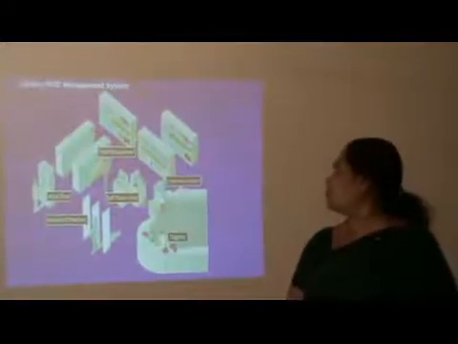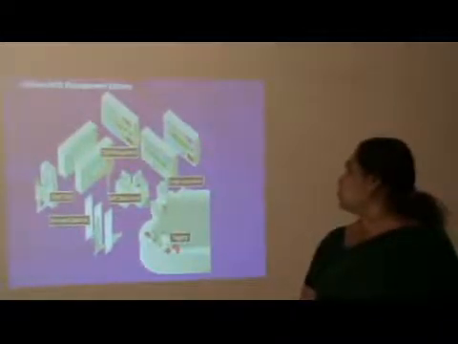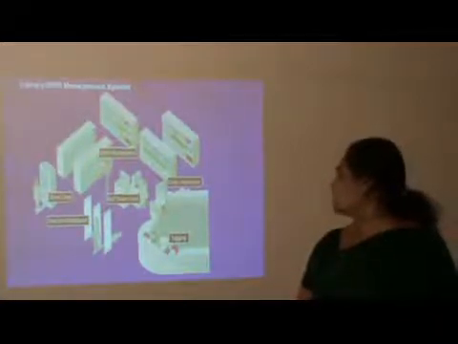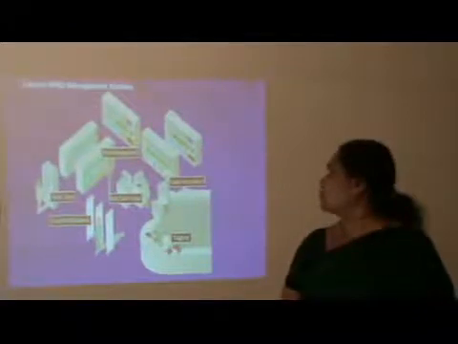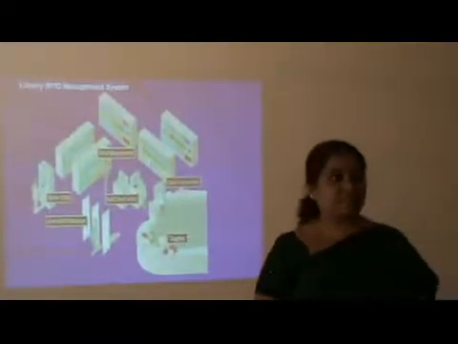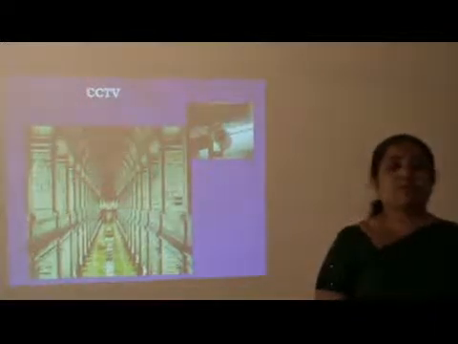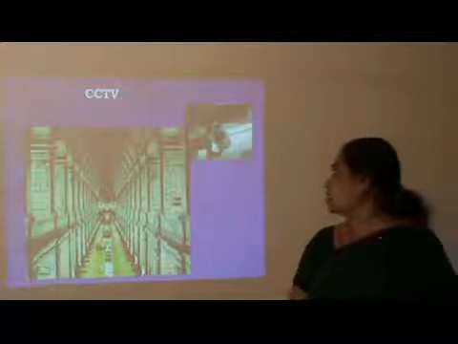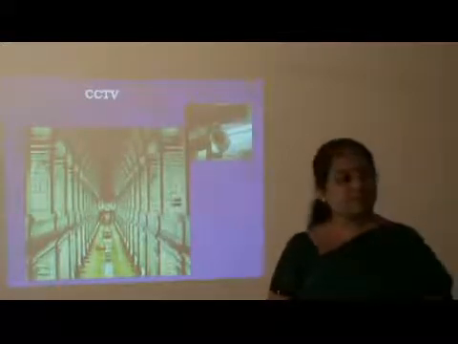Here you can see each and every section of the library is controlled through these RFID systems, that is radio frequency identification, and this is very useful for libraries to maintain the security systems. Now CCTV cameras also play an important role in securing the libraries.